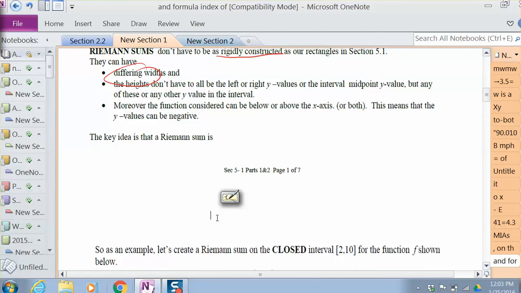Okay. And moreover, the function considered could be below or above the x-axis or both. We always did everything above the x-axis for 5.1. So our y-values could be negative.